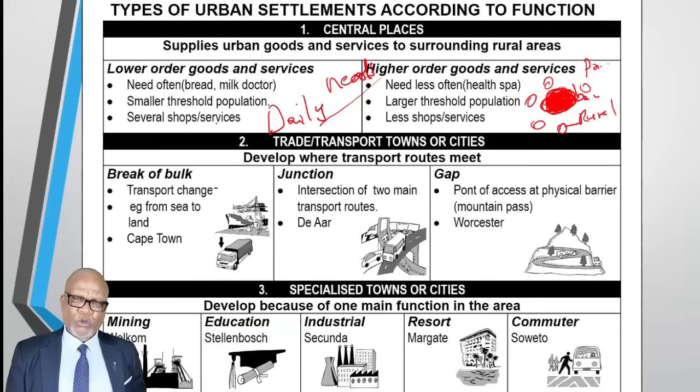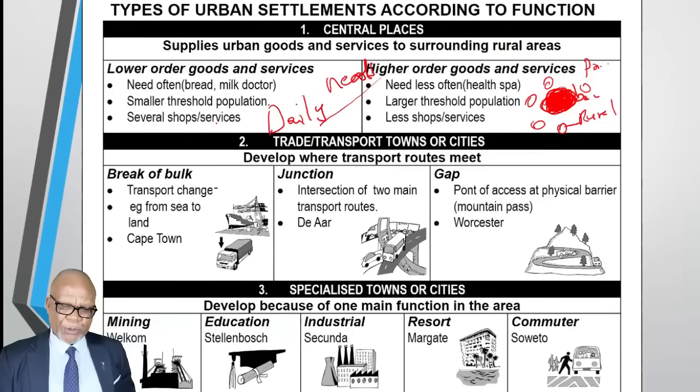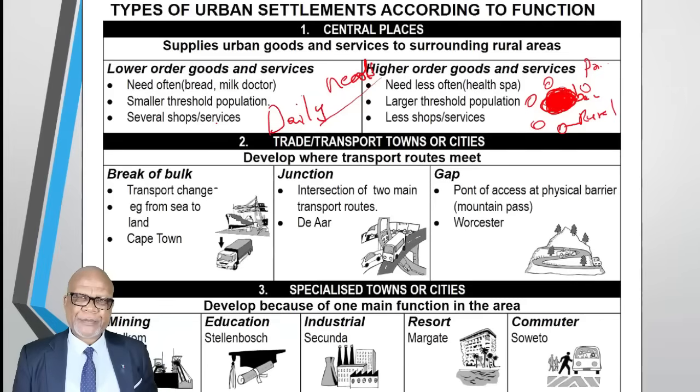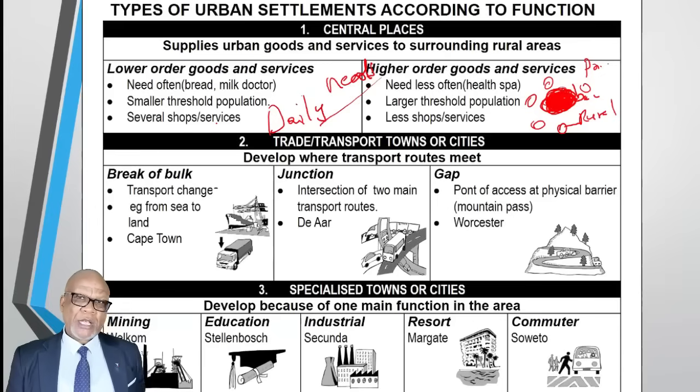So low order goods are the goods that you buy daily, because you can have a car, and a car is not a low order good. A car is a high order good, but you can be using your car every day.